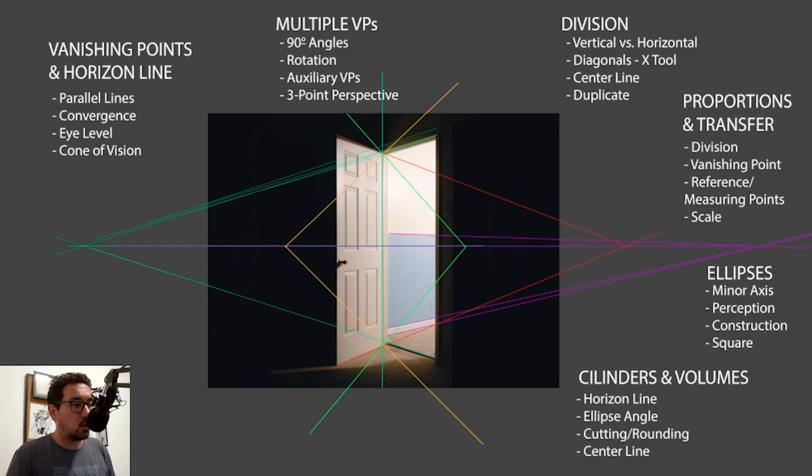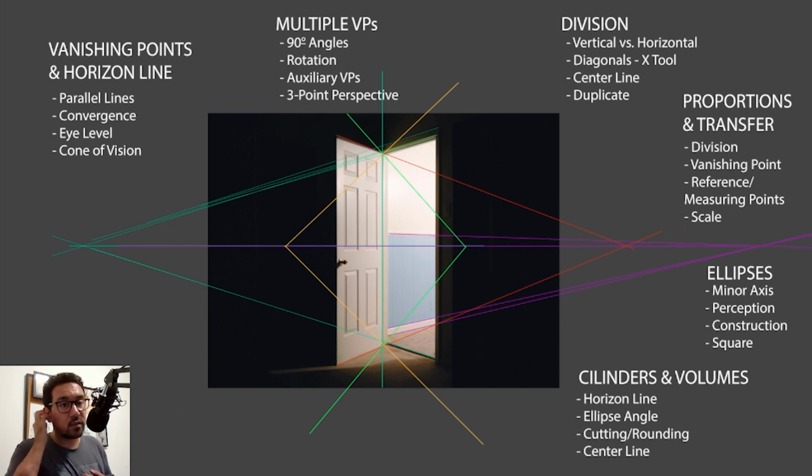Or if we go even further to like this point, and we have the door almost closed, then we're going to have a situation where it's converging to this side, almost getting to a point where when the door is closed, we're going to have a situation where it's converging to the same vanishing point as the rest of the wall. So that basically covers like 90-degree angles, rotation.